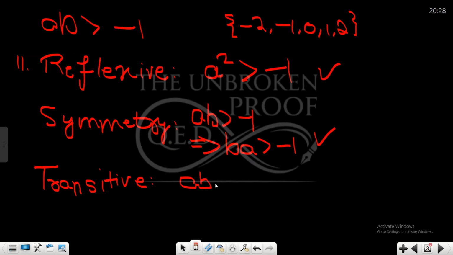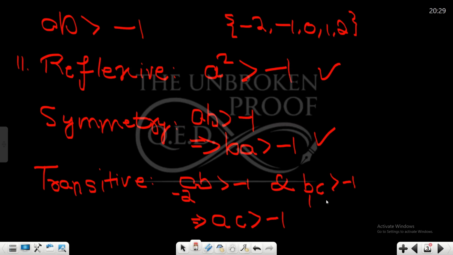Now if you see transitive, if ab is greater than -1 and bc is greater than -1, this implies ac should be greater than -1. This is not always true, because if we take an example, let's say a is -2, b is 0 and c is 1.